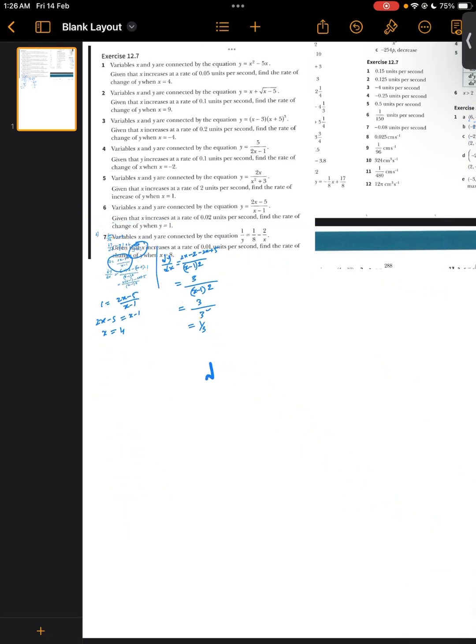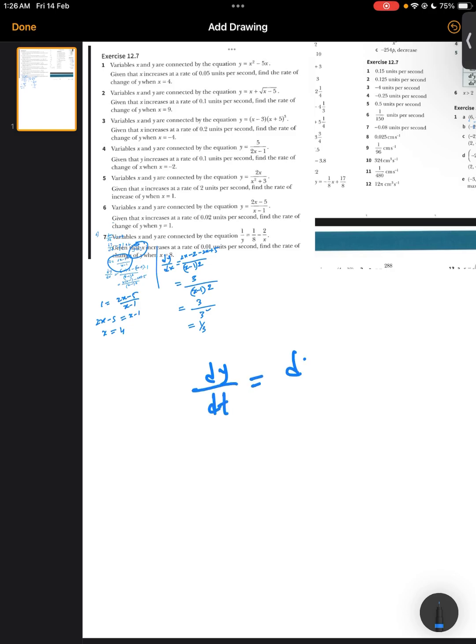So if it is 1 by 3, so dy/dt is dy/dx times dx/dt, the rate of change of y.